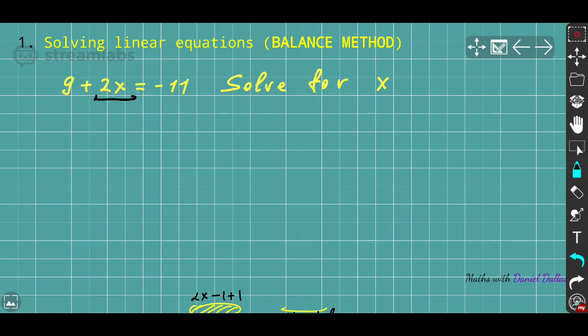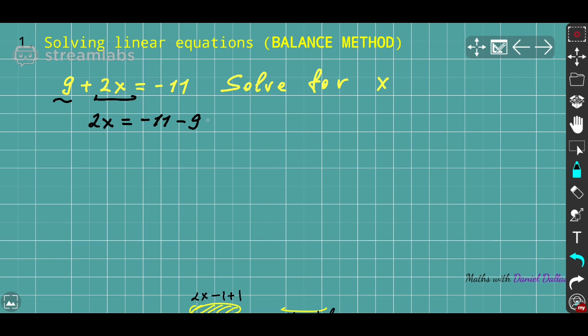We leave 2x as it is and transfer the number 9, which stays nearby. You remember when you transfer 9 to the right side, you'll get -9. You swap the sign, okay?